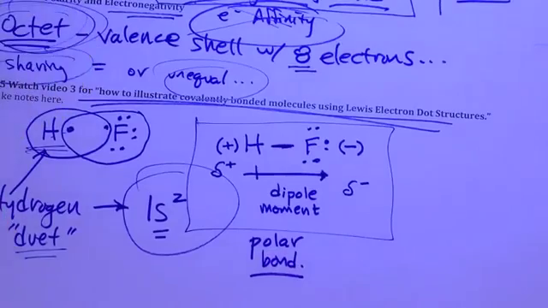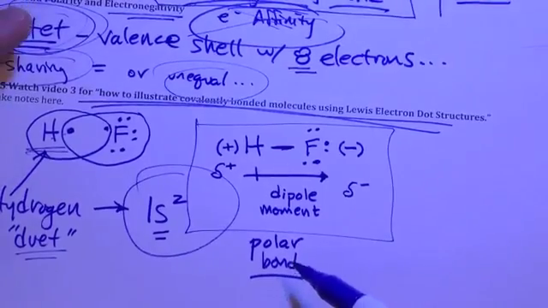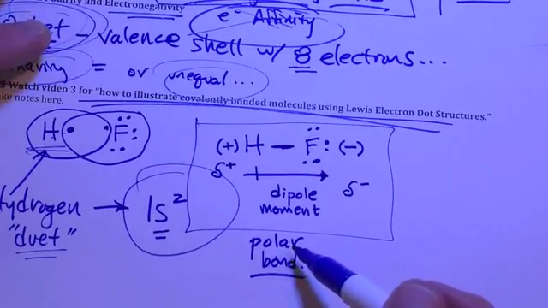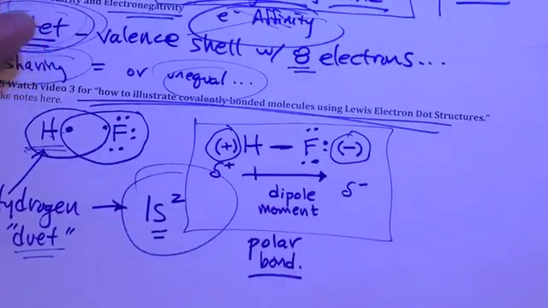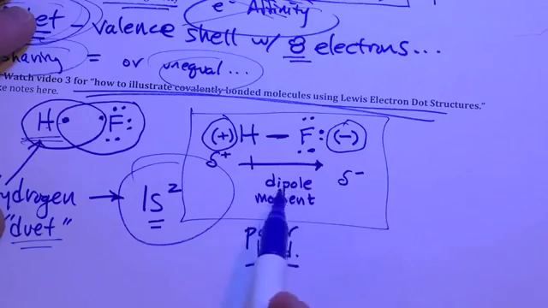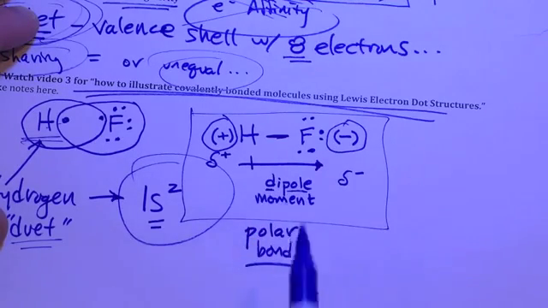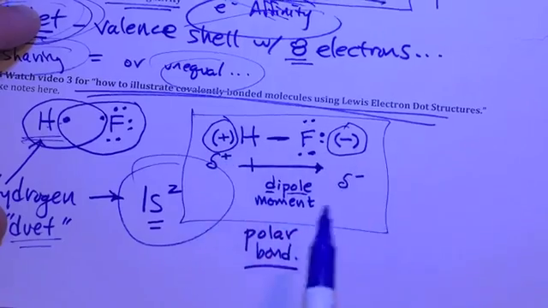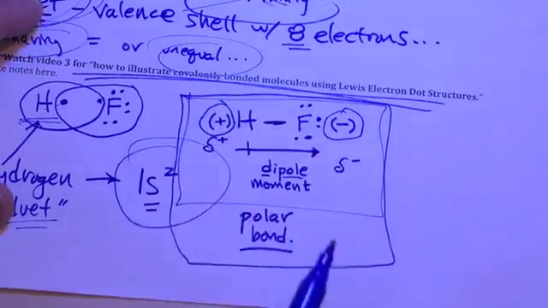Not because it has anything to do with polar bears, but because it has 2 poles, a positive pole and a negative pole. The positive and the negative poles give it a dipole. What does the prefix di mean? 2 poles, a positive and a negative. So you've got to learn these fancy names and this fancy terminology for this stuff.